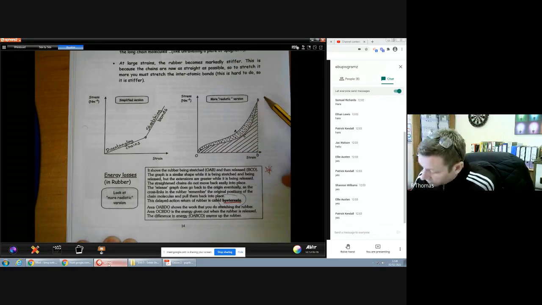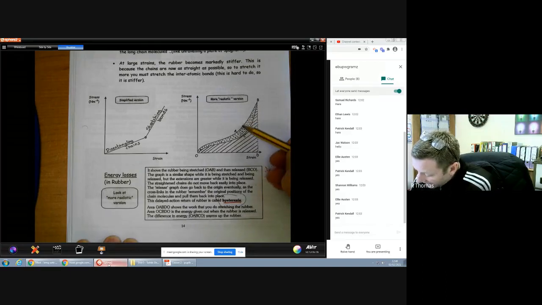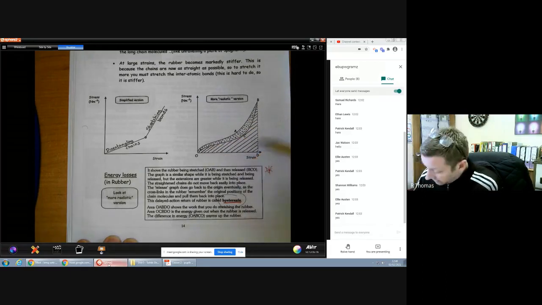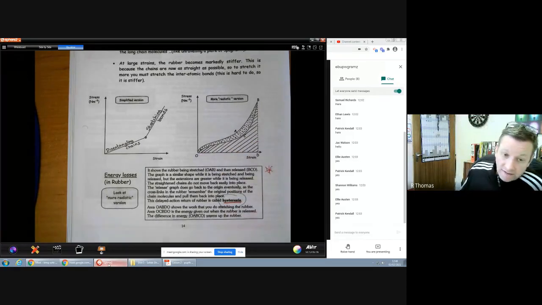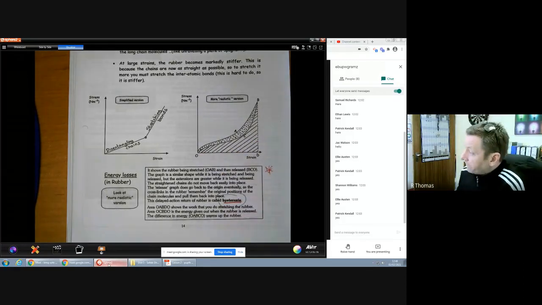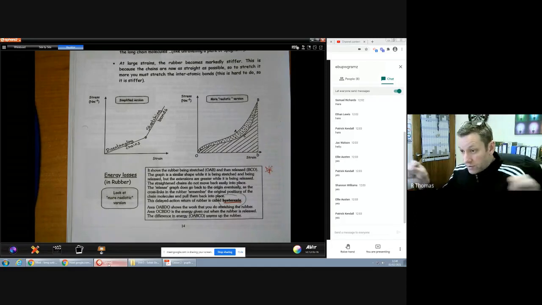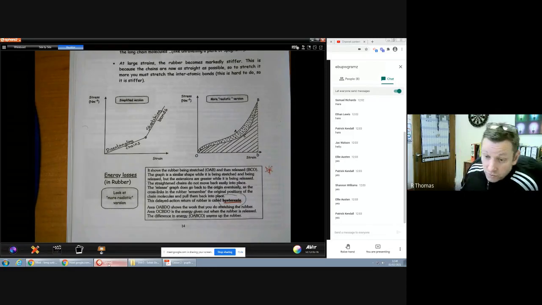But then if I let go, it doesn't follow exactly the same path back to the original form. And why is that? Well, think about it. If you keep doing that to an elastic band, I'm sure you've done it, you will have felt it actually gives out energy in the form of heat. So by disentangling those chains and then stretching those bonds, you are actually losing energy in the form of heat.